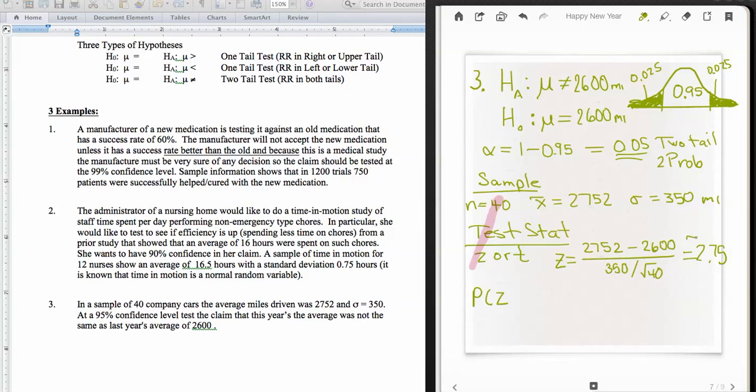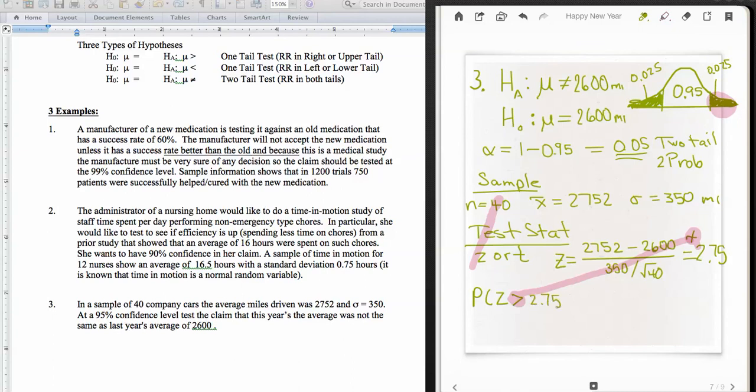Well, this one is a positive value, so because this is positive, I'm going to use the greater than. I'm using this tail up here. So I'm going to say it's greater than 2.75.